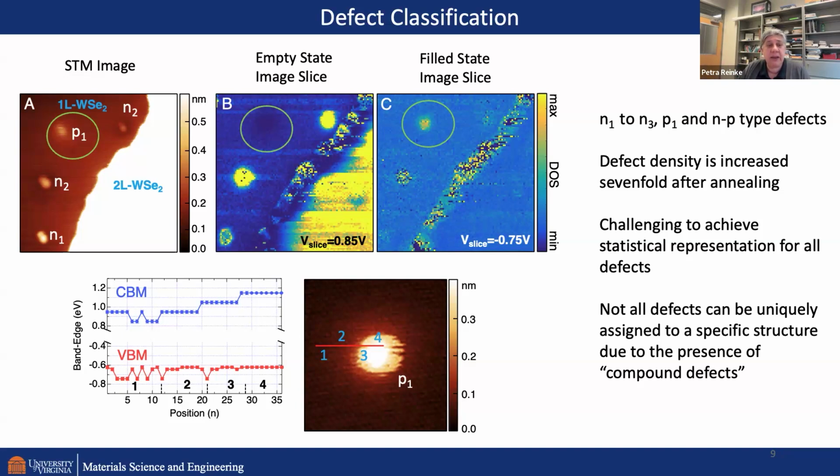And we actually think that this defect is because locally your layer has delaminated from the remaining other TMD layers. And for that reason, you have a little bit like a bubble here. So instead of a two-layer TMD at that position, you just have a single-layer TMD and therefore a larger band gap.